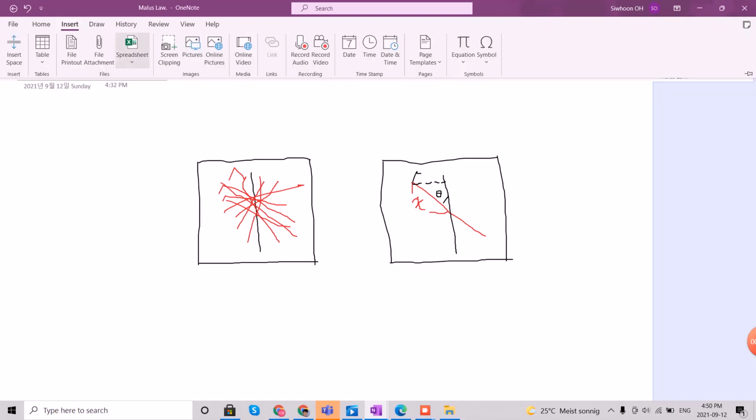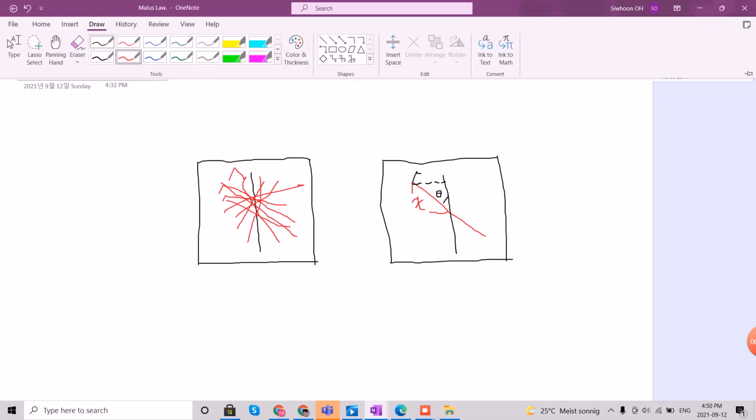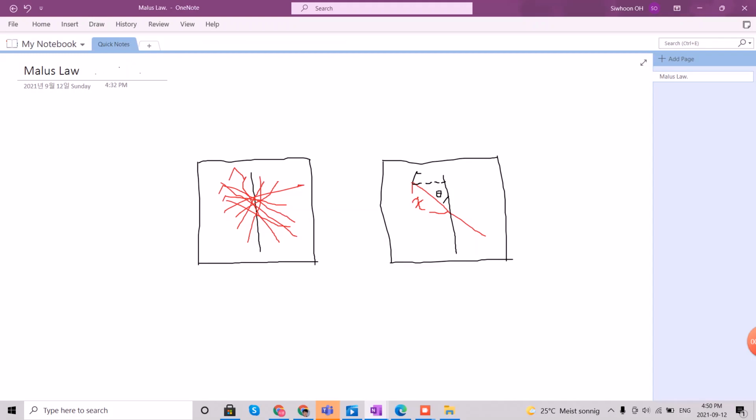and then by the Pythagorean law, this length, which is the magnitude of the ray that comes out of it, will be x times cosine theta.